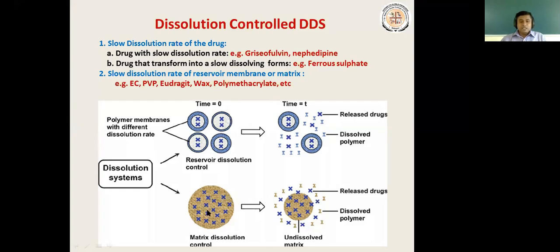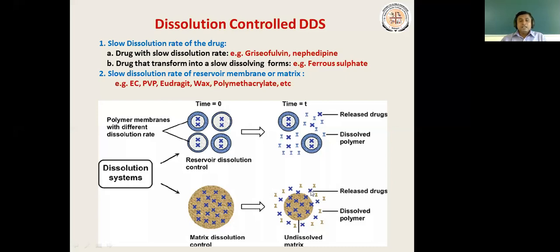See here, this is the initial condition of the matrix system when administered, and after a certain period of time there is a decrease in the size of the system. The polymer present here dissolves, and as the polymer dissolves, the drug present in that layer of the polymer is released.